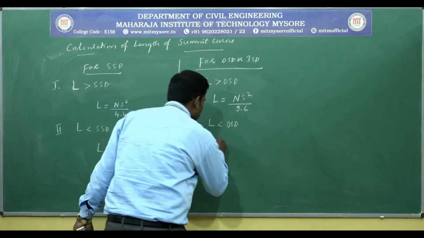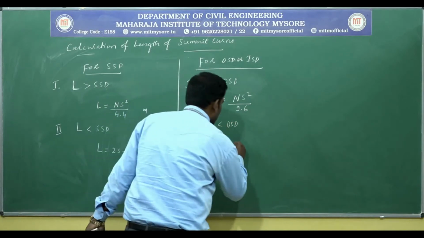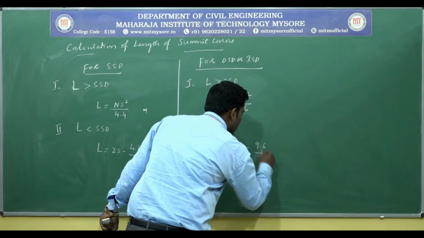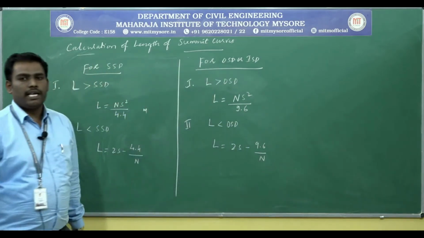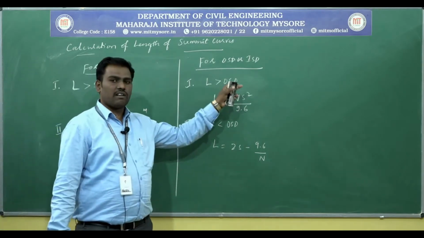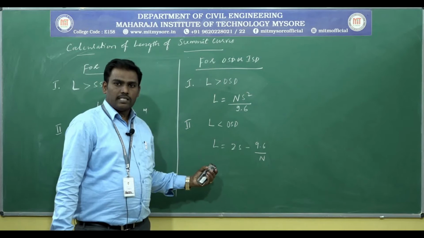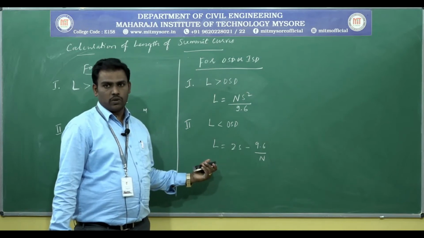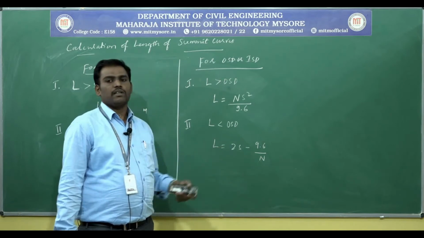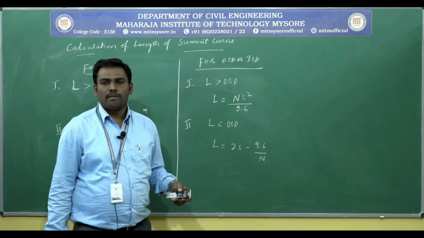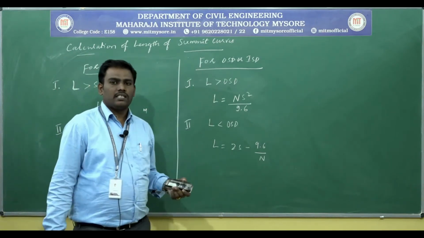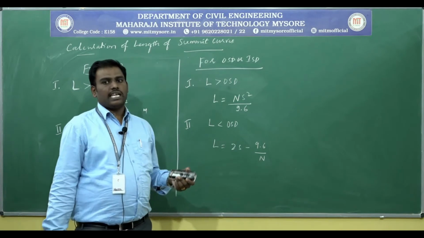In this case we calculate length of summit curve by using 2s minus 9.6 divided by n. Obviously, when the first assumption is wrong, the second condition is correct only. Whatever length of summit curve we obtain from this equation will be adopted as the length of summit curve for the given overtaking sight distance or intermediate sight distance.